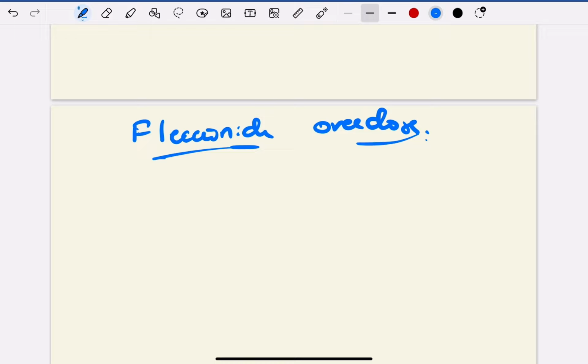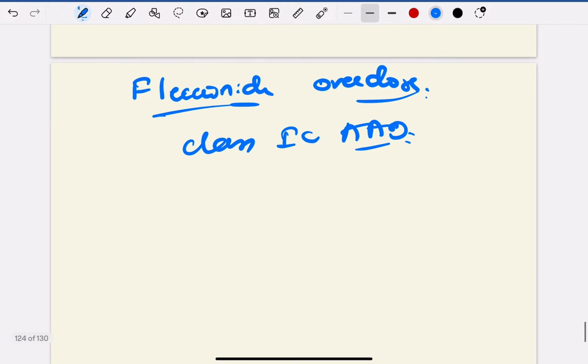What is flecainide? Flecainide is nothing but your class 1C antiarrhythmic drug. It exerts its action through potent blockade of sodium ion and potassium channels.